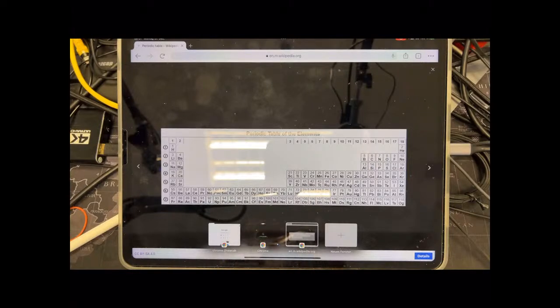F, what is that? Fluorine. Okay, fluorine. Yes, that's the nine elements on the periodic table.